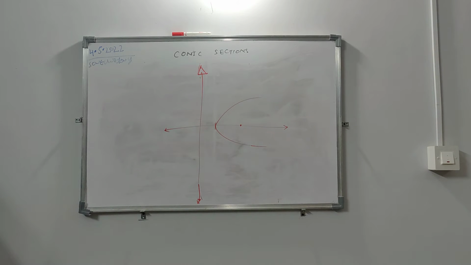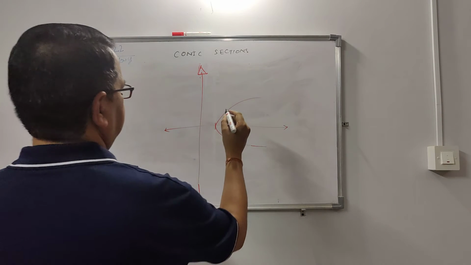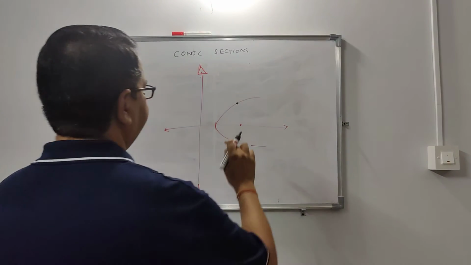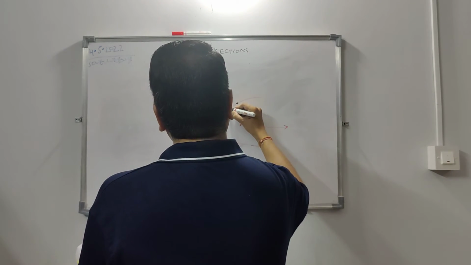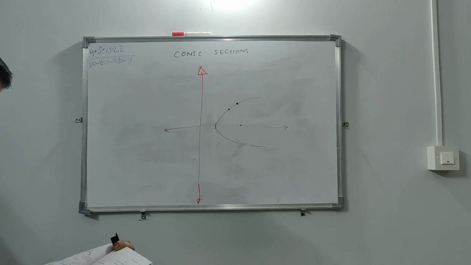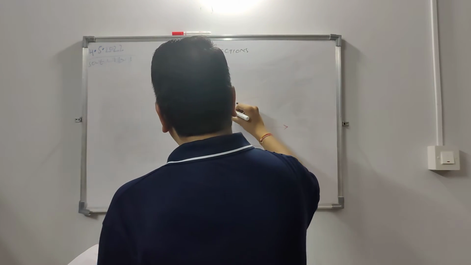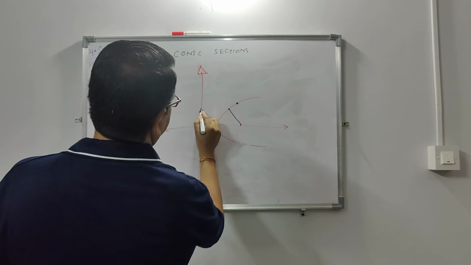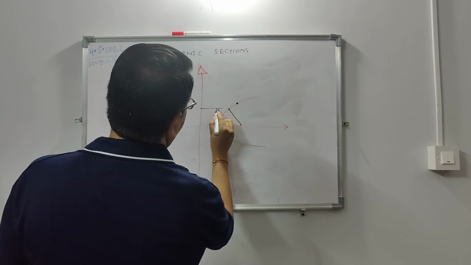Let us say there is a point, and I can join this point with this and this point with this.